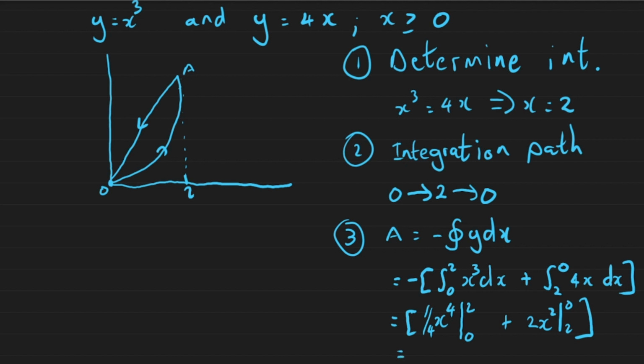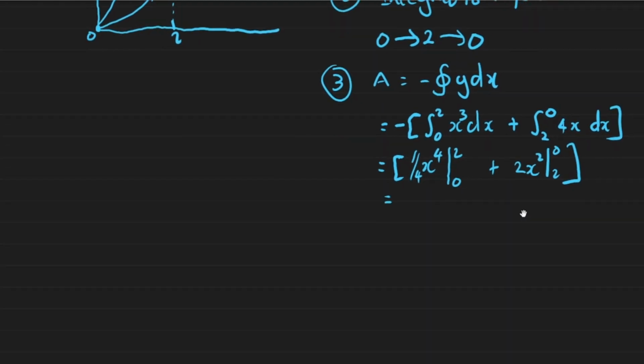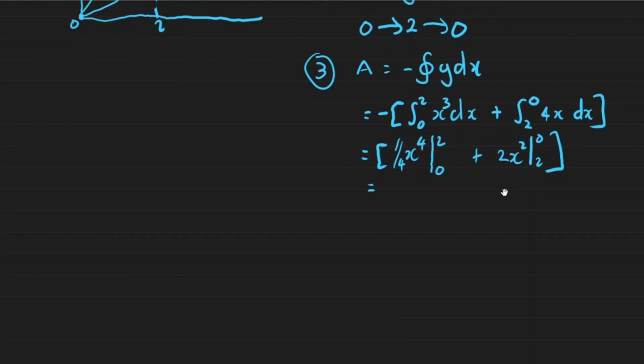So this is something that's not difficult to compute. 2 to the power 4 is 16. 16 divided by 4 is 4. Don't forget to put the minus in front, so we have minus 4. And then we have 2 squared. 2 squared again is 4.